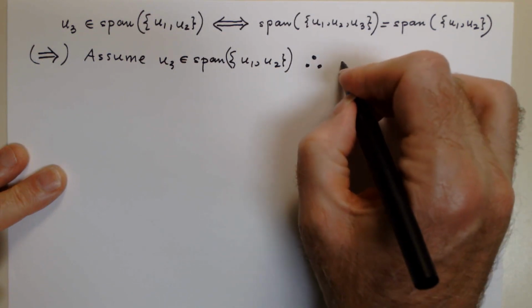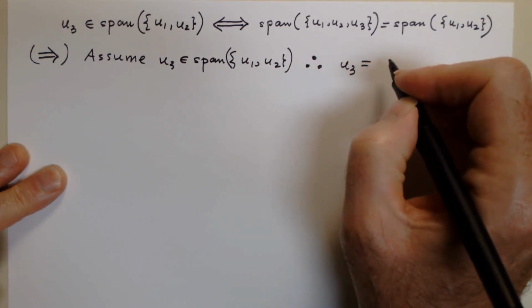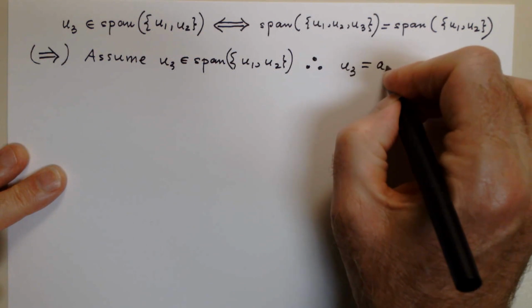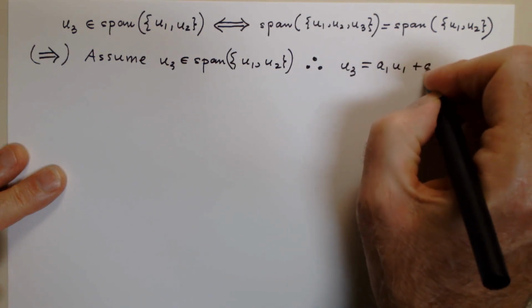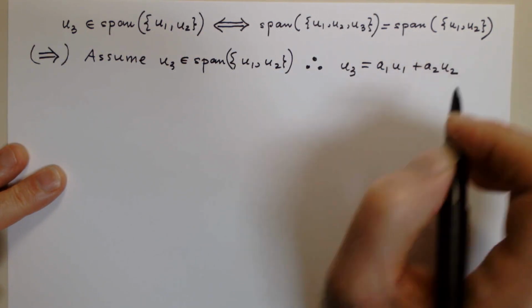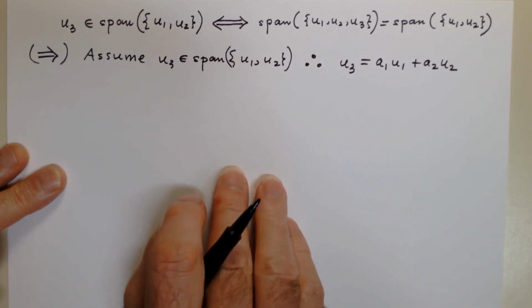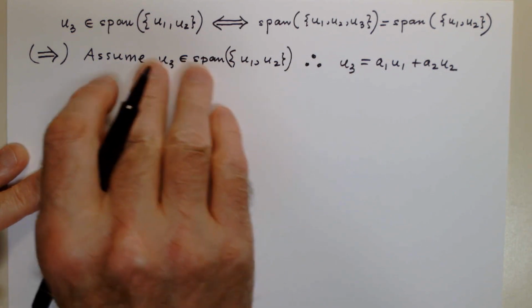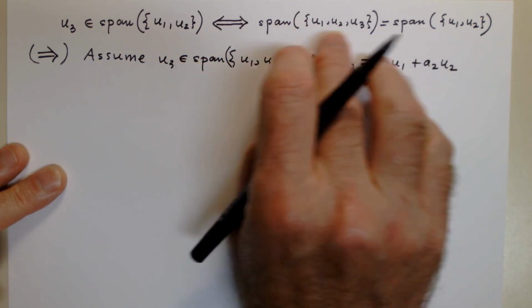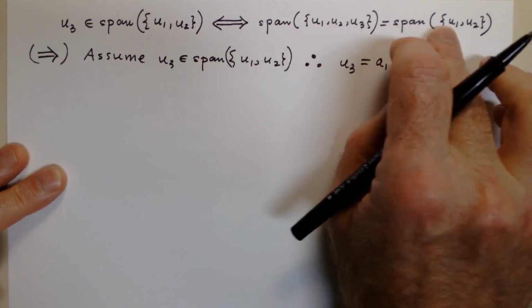Therefore, u3 is equal to, let's say, a1 times u1 plus a2 times u2. So I know that u3 can be expressed in terms of u1 and u2. Now, that's a fact in evidence. I have to now show that if that's true, then this must be true.